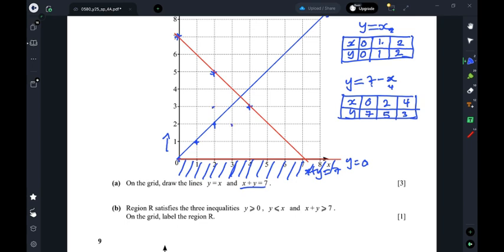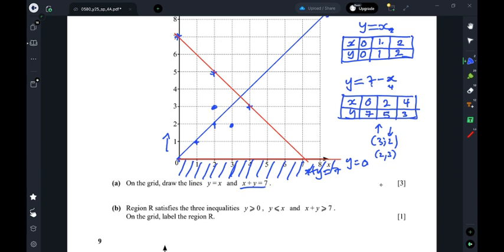If I take the point 3, 2, it simply means that x is bigger than y. But if I take the region above the blue line and take the coordinate, for instance, 2, 3, it simply means that y is greater than x.